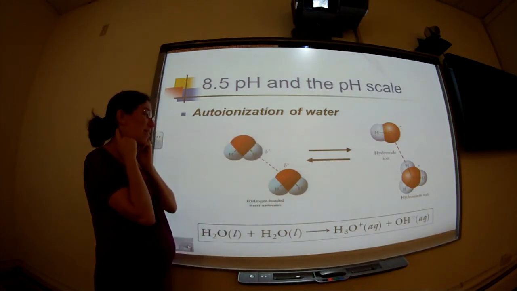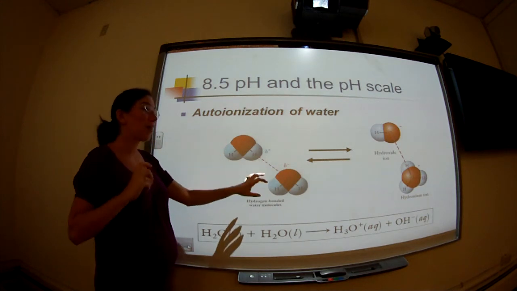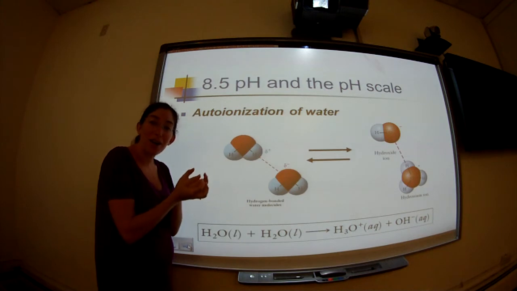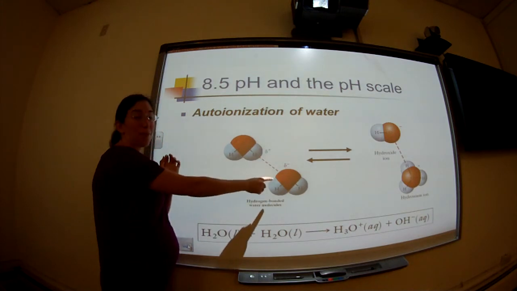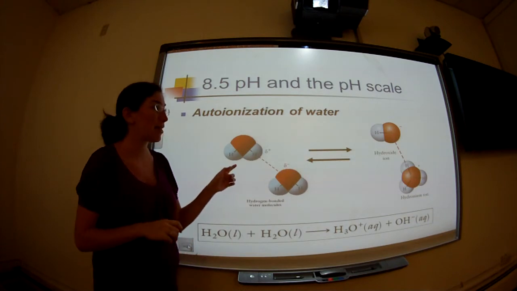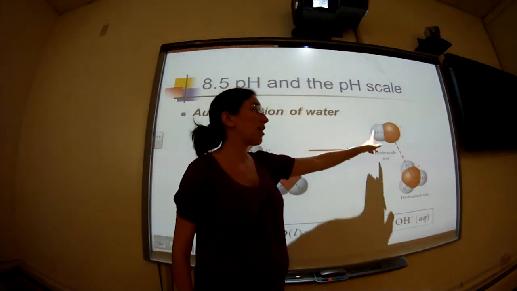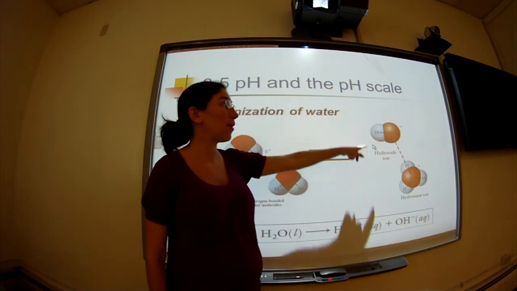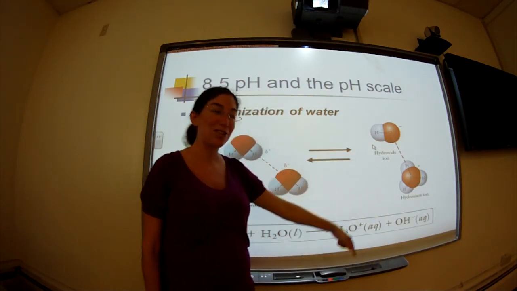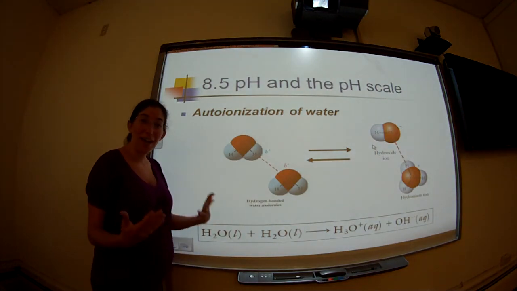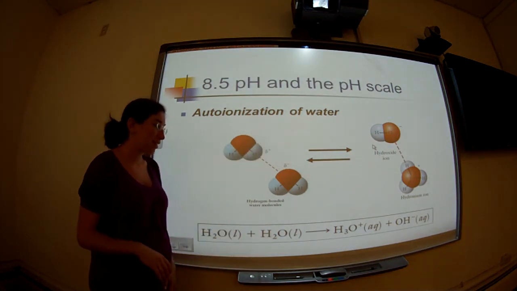The hydrogen bond will be pulling so hard on that hydrogen that one of the molecules will actually steal the hydrogen off another molecule. And what results is a hydroxide ion and a hydronium ion. So a base and an acid, essentially, which is why water can act as either a base or an acid.